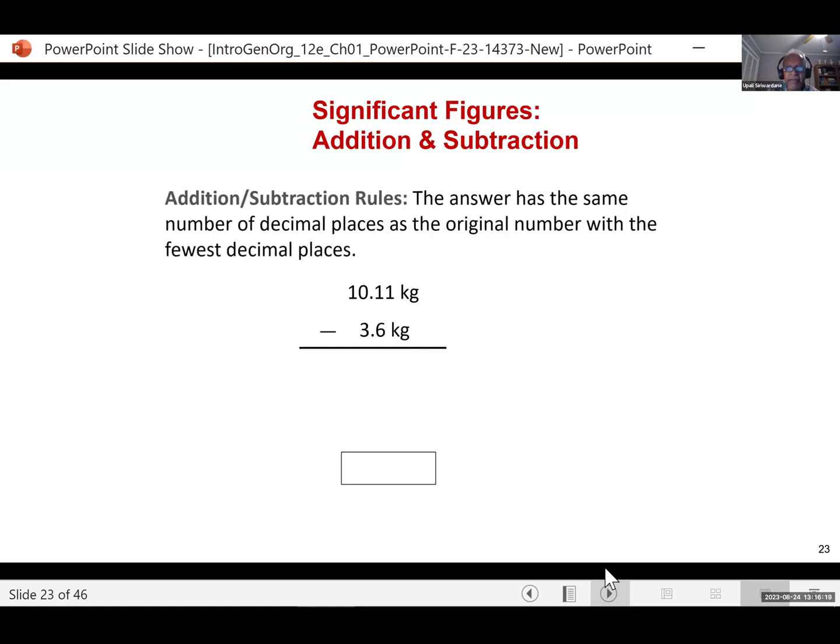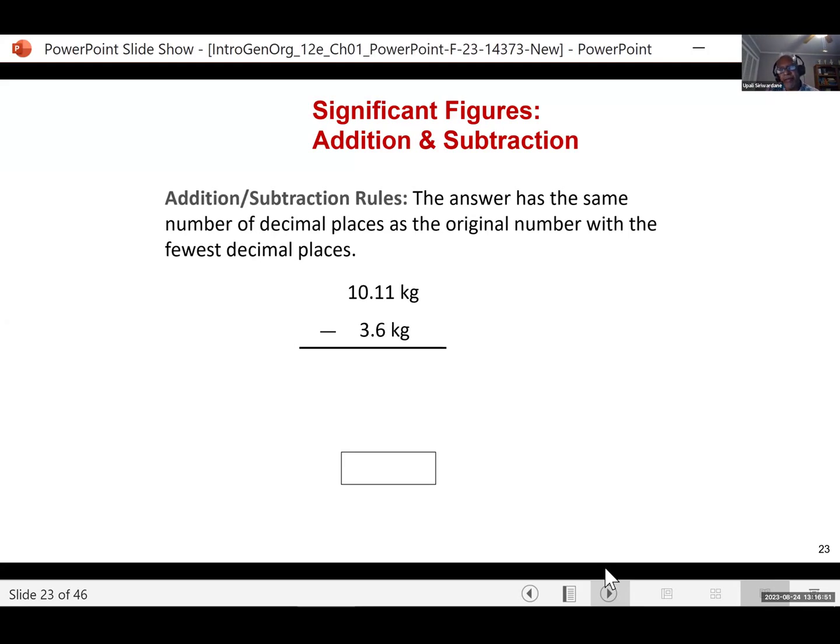For addition and subtraction, you find the lowest decimal place. The lowest decimal place in these 2 numbers is the first decimal place in 3.6. The highest decimal place is 10.11, second decimal place.